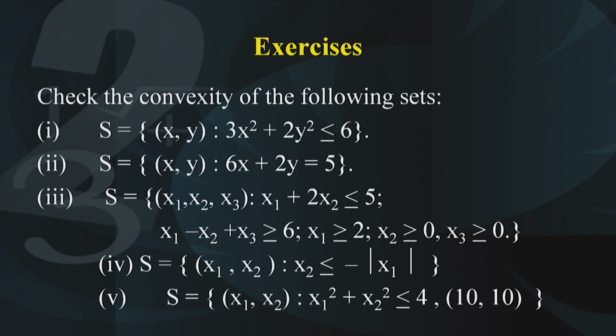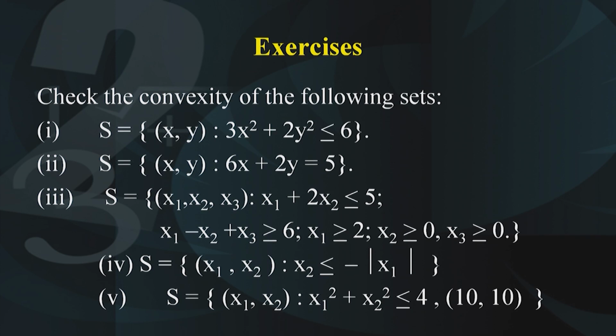The third example is the set of points (x1, x2, x3) given by these conditions: x1 plus 2x2 less than or equal to 5, x1 minus x2 plus x3 greater than or equal to 6, x1 greater than or equal to 2, x2 greater than or equal to 0 and x3 greater than or equal to 0.